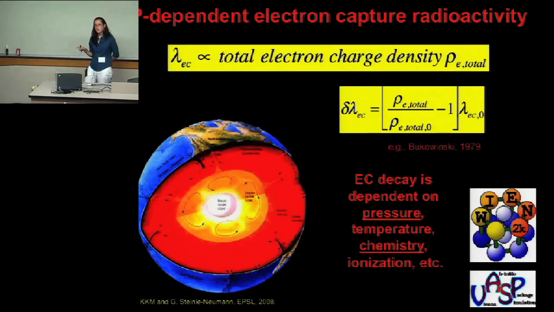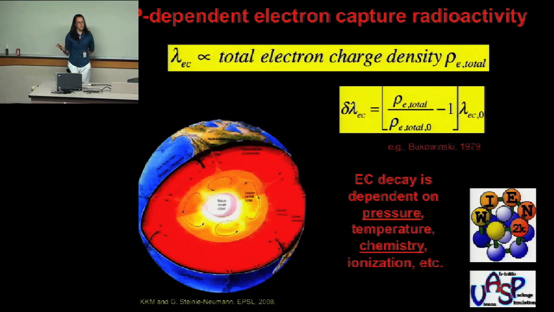And there have been a few experiments that have shown that you can actually influence the decay constant for electron capture isotopes, in particular for beryllium-7. So beryllium-7 has a very short half-life, something of about 50 days. And so you can easily measure this decay constant, or this decay rate, in the lab.